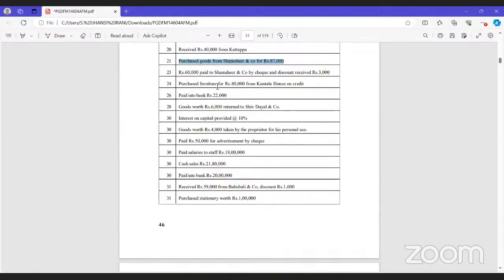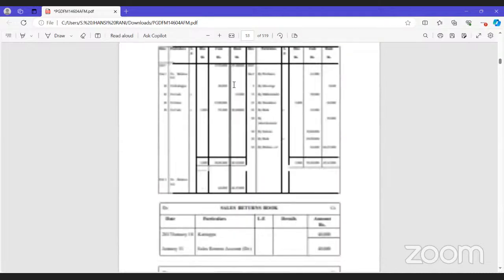Next, do we have any other purchases? Purchased furniture. Here we are even purchasing furniture. Furniture is what? It is an asset, so that will not be taken over here.